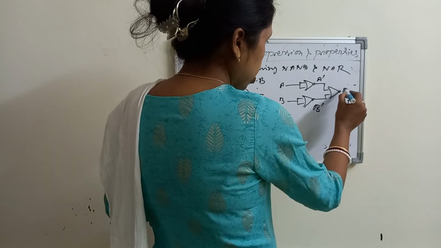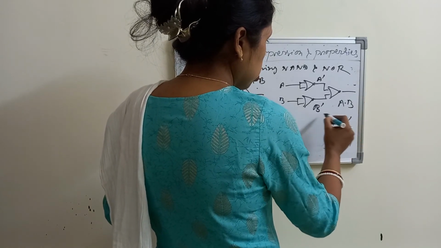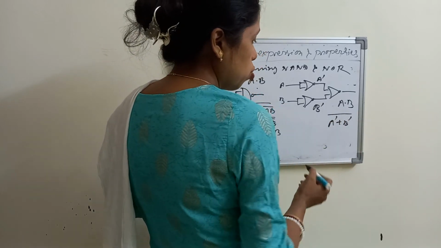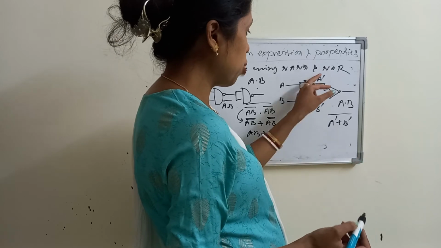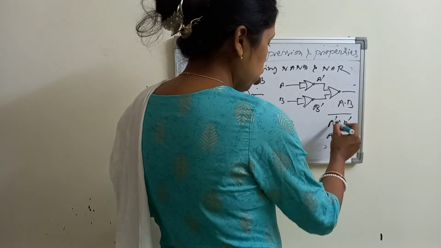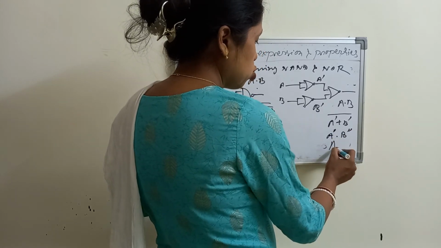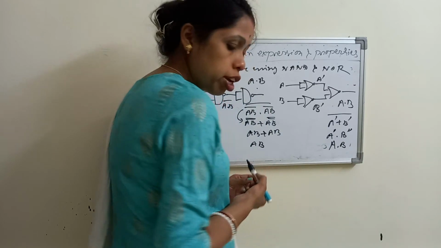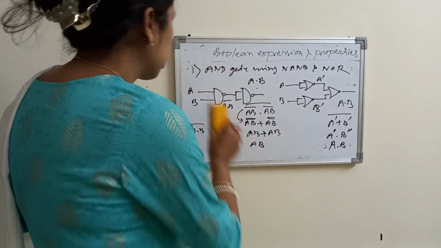Now here we will get the input, then this one: logical complement of logical addition. Here I am giving A prime and B prime as inputs for this NOR gate. If you use De Morgan's theorem, that will become this. So here you will get A dot B. This complement will cancel out.